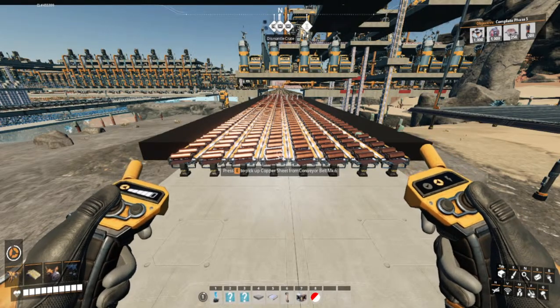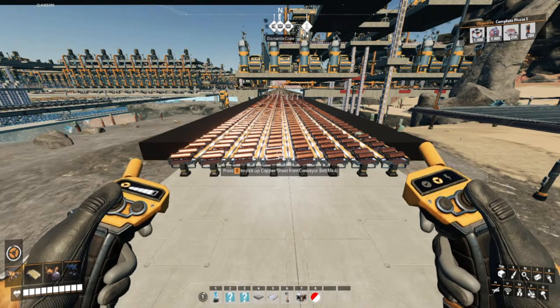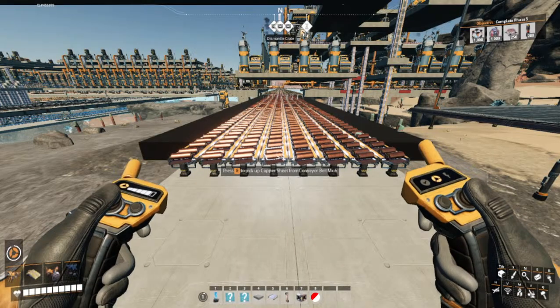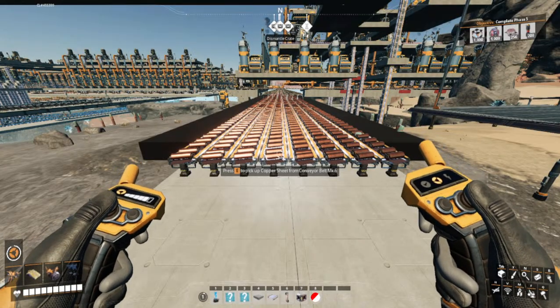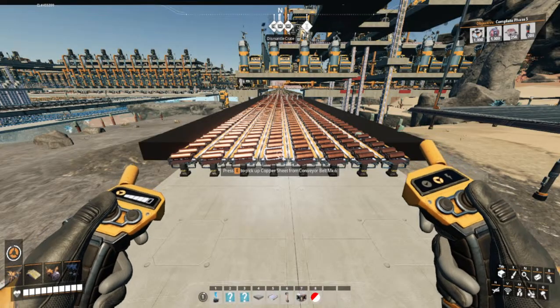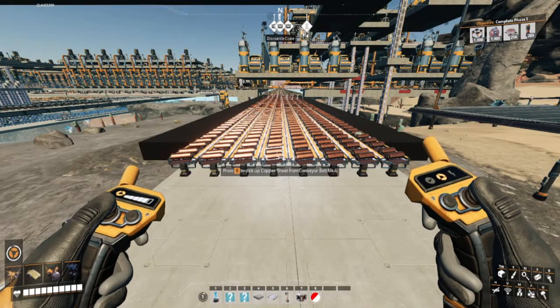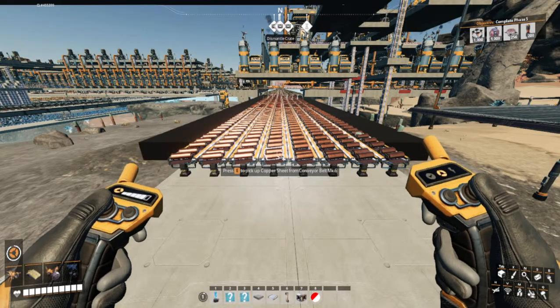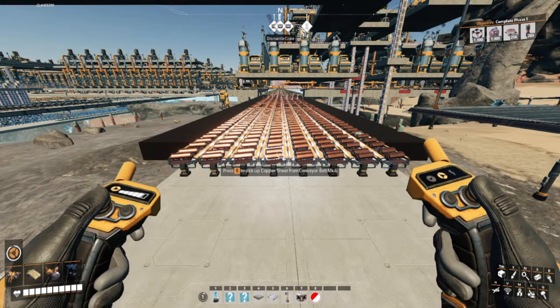So 8 times 1200 is 9,600 copper sheets. Okay, so 9,600 divided by 60 equals 160.